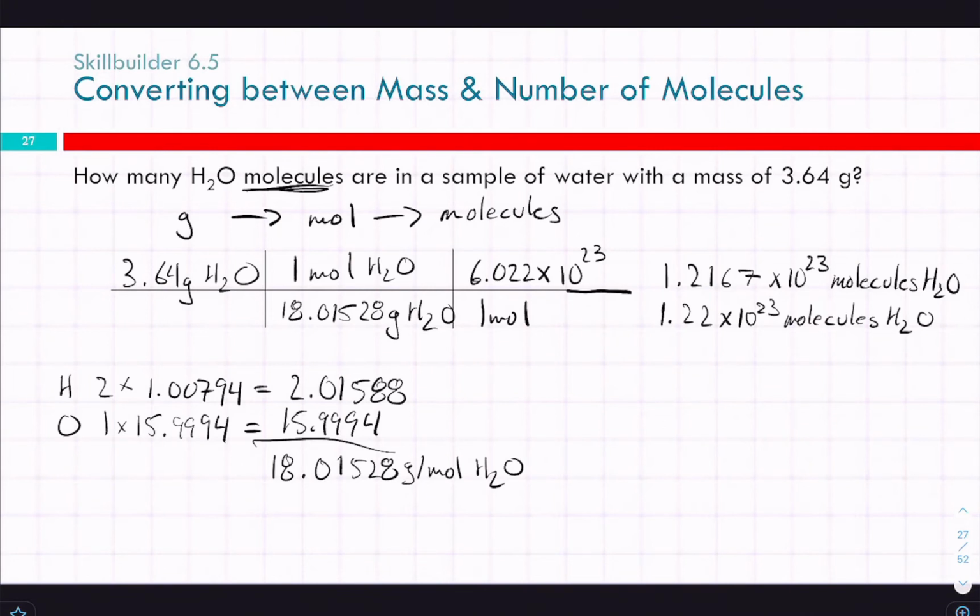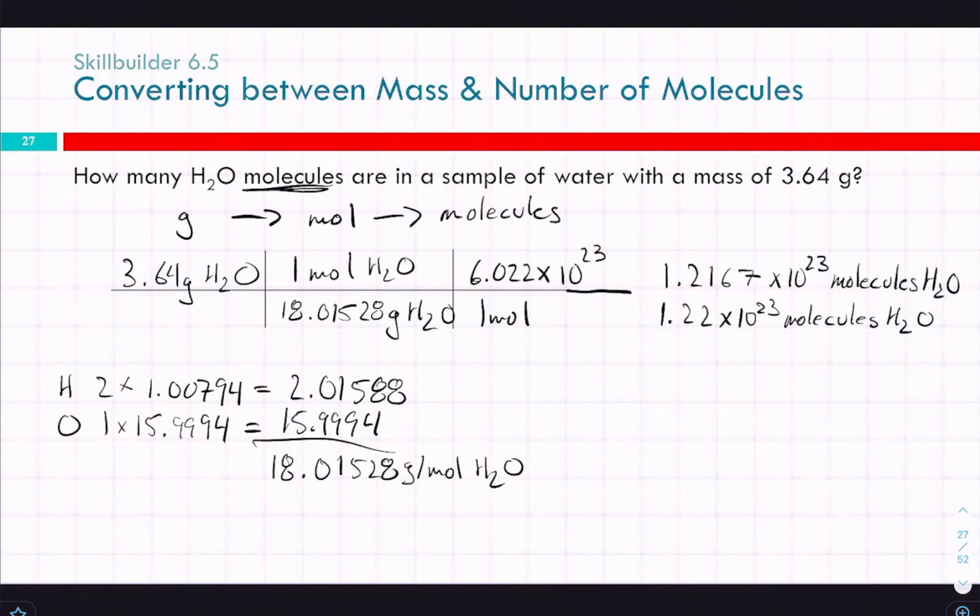If we have this many molecules of water, how many atoms of hydrogen are in that many molecules? If I had 1 molecule of water, how many hydrogens would it have? 2 hydrogens. If I had 100 molecules of water, how many hydrogens would I have? 200.